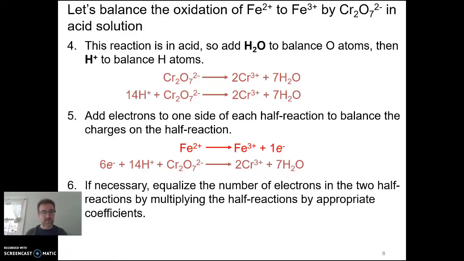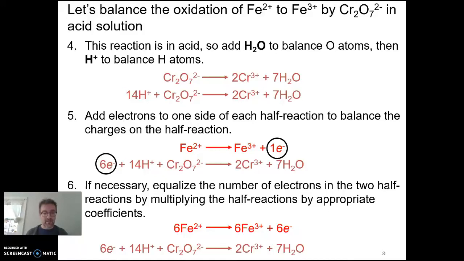Then we have to get the least common multiple figured out for both half reactions and multiply one of the half reactions to match up with the other one. For the oxidation of iron 2+ to iron 3+, the iron 2+ loses 1 electron. The chromium 6+ on the reactant side of the reduction reaction, those each gain 3 electrons, so we need 6 electrons on the reactant side.